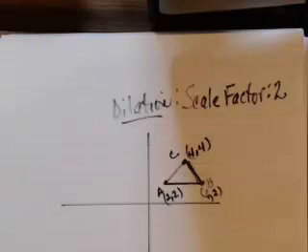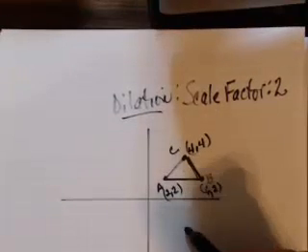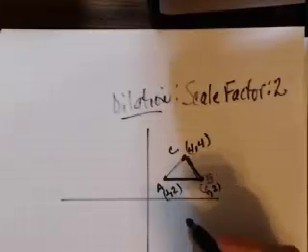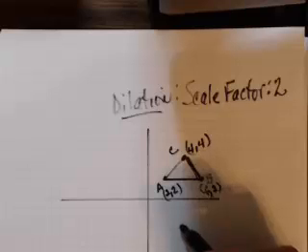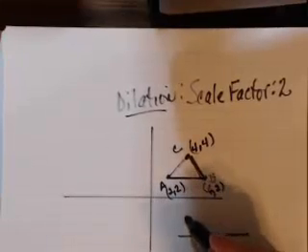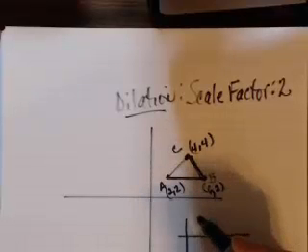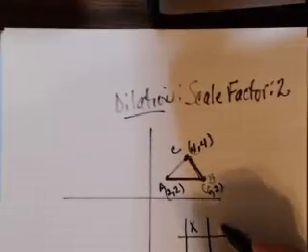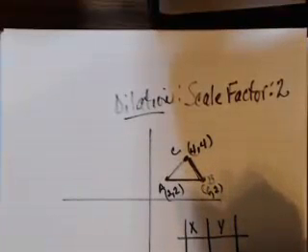Again, in the beginning, when students first begin to work with these ordered pairs and dilation, you may want to set up a table where they are listing their x values and their y values.